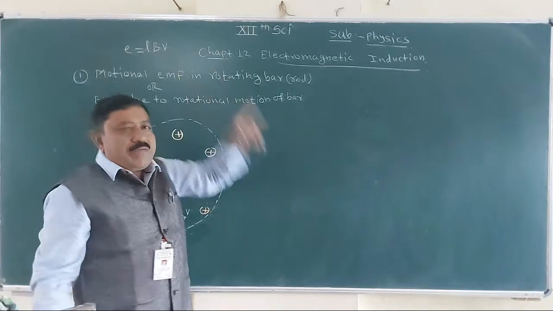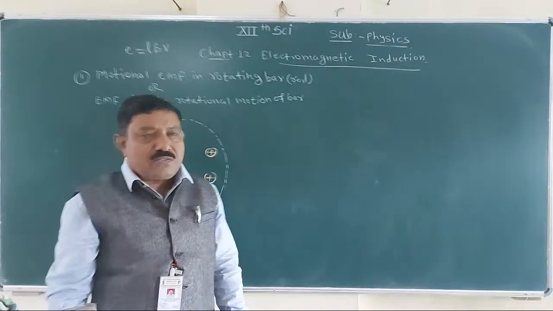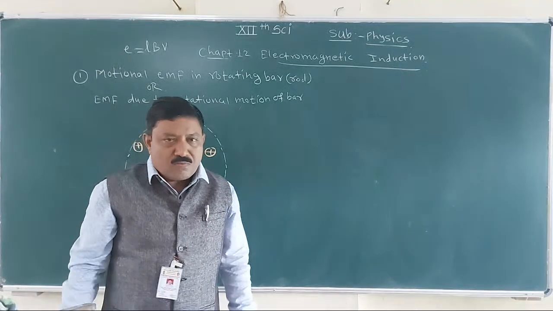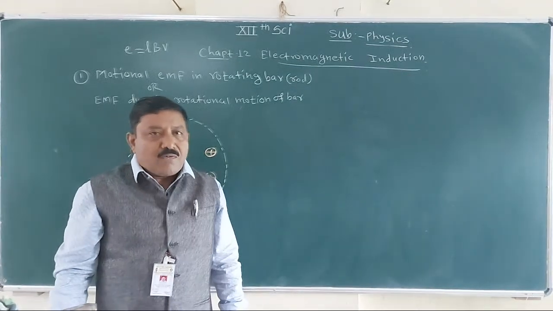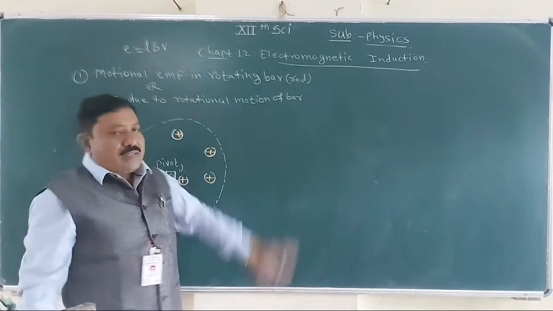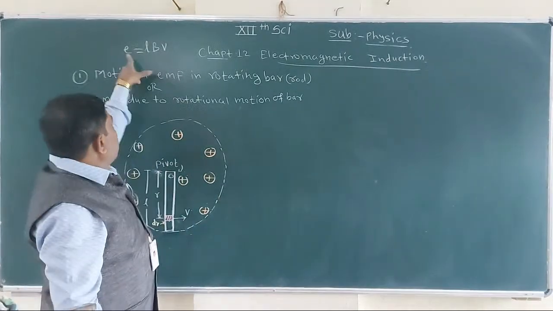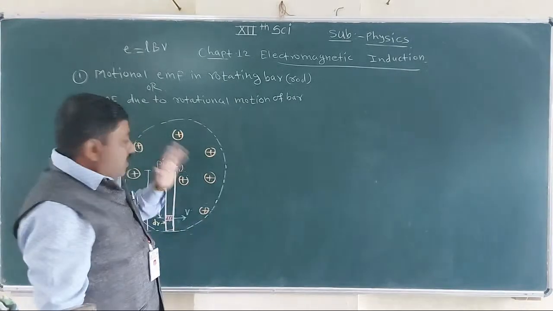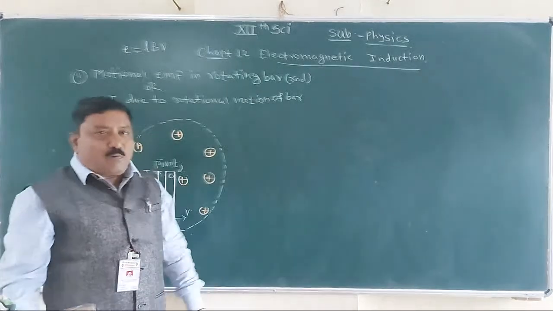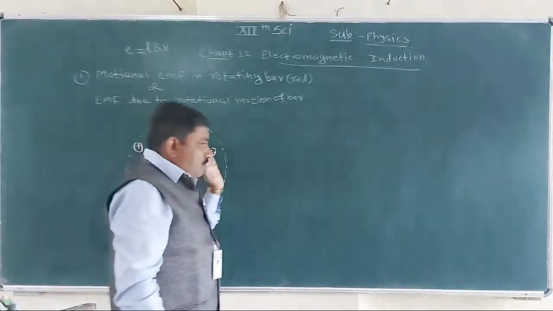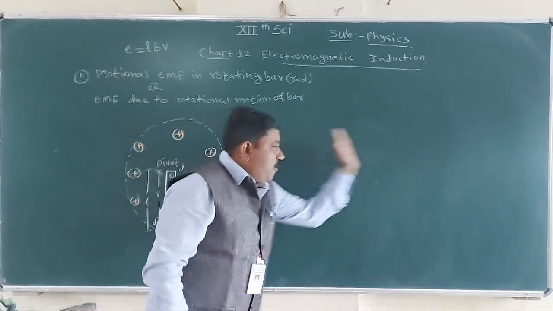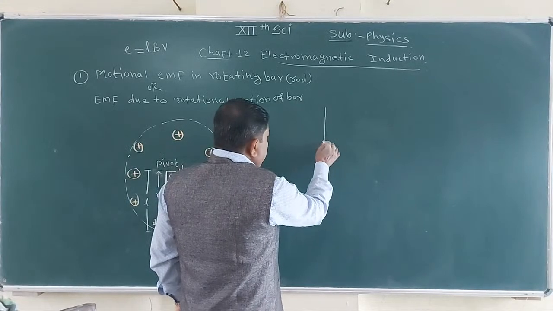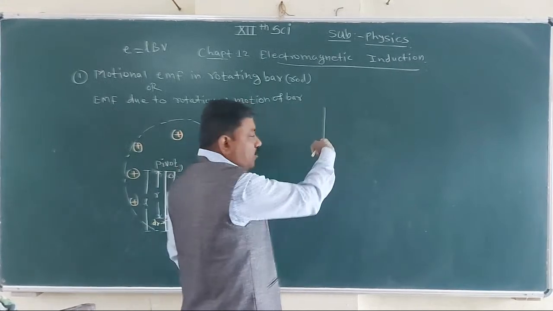and this derivation was obtained in the last lecture by Faraday's law as well as by Lorentz force. In both cases we obtain the formula LBV, that is the EMF produced in that conductor. That was for translational motion, meaning the conductor moving in a uniform magnetic field. Suppose this is a conductor and this is a magnetic field of induction perpendicular to the plane of the board.